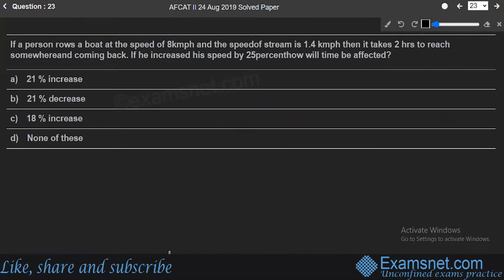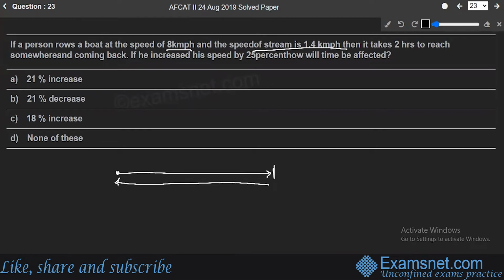23. If a person rows a boat at the speed of 8 kilometers per hour and the speed of the stream is 1.4 kilometers per hour, it takes 2 hours to reach somewhere and then come back. So the person starts from here, right? And he goes to some point and then he comes back to the original point. Correct.